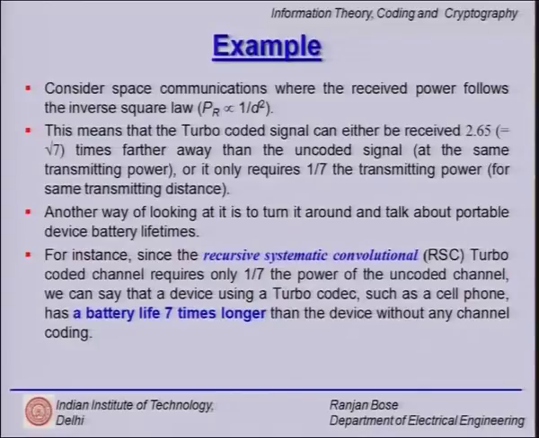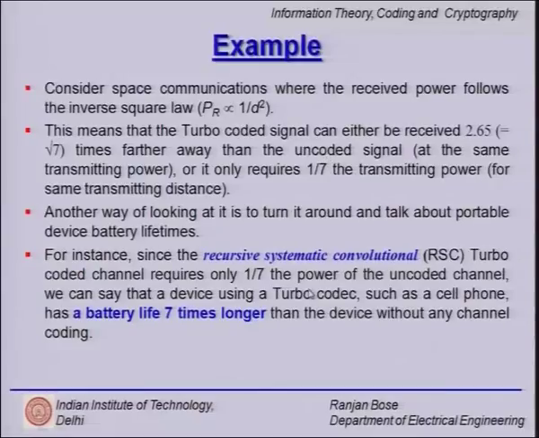This means that the turbo coded signal can be received from 2.65, that is root 7 times farther away compared with uncoded signals, because it requires 1/7 of the transmit power for the same transmitting distance. So, even if you have large distances, the use of a turbo coder would require much lesser power, and these are power limited channels. So, it really makes sense.